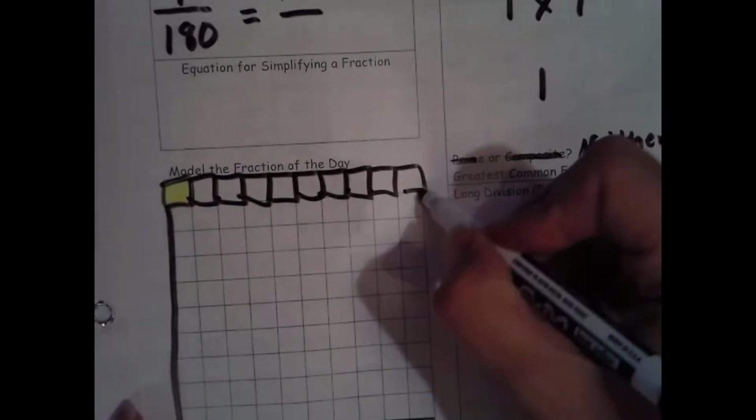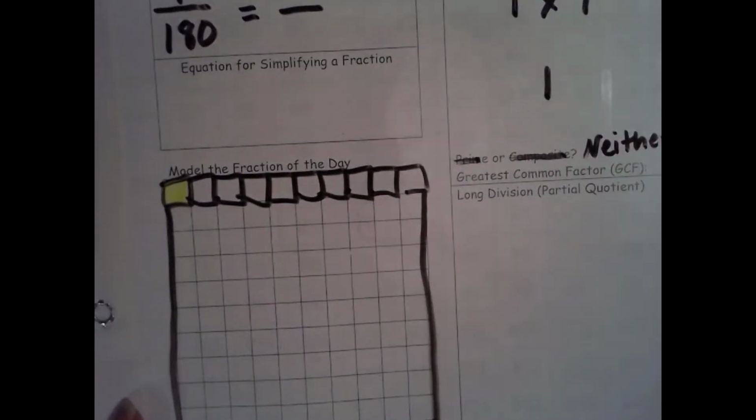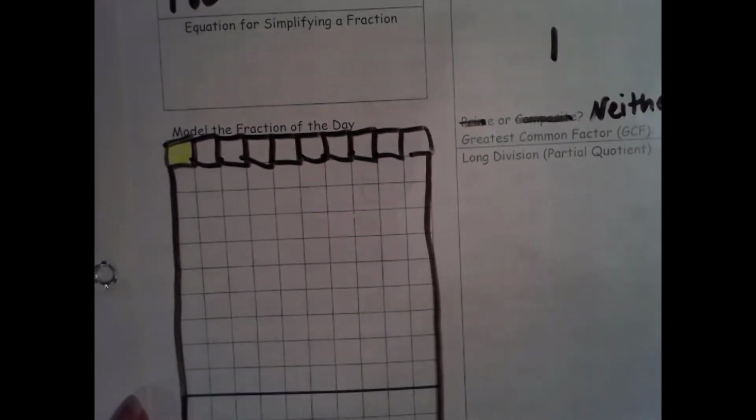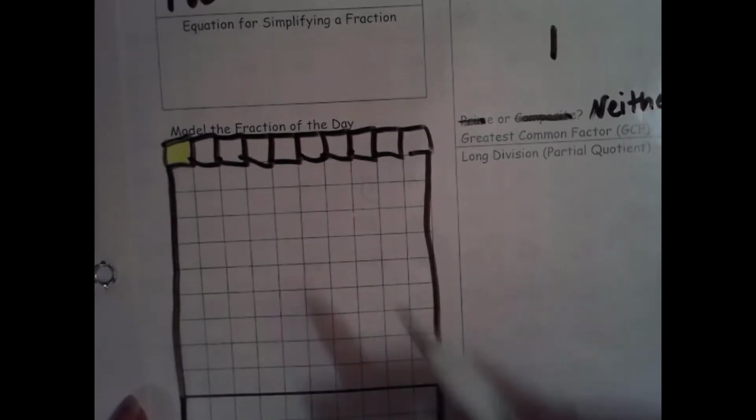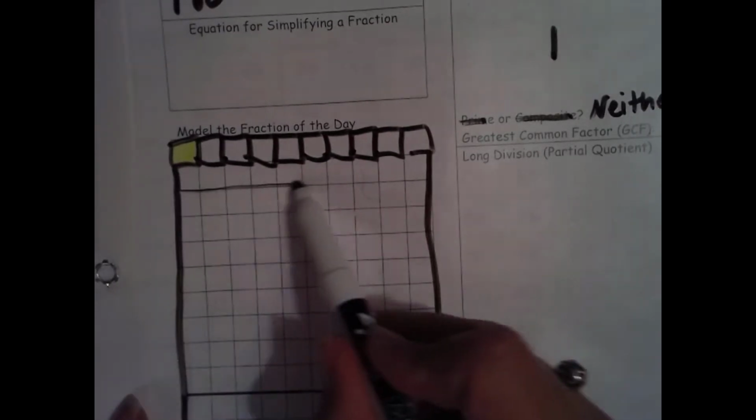Okay. You do not have to go the way I go. You may find a faster way to do it. But in this case, as long as each group is a group of 1, it does not matter how you make your groups.